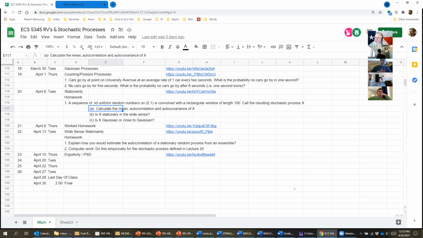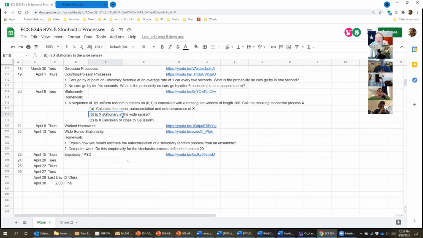And what did you identify the autocorrelation looking like? I thought you said a triangle or something. I just had for the stochastic process X when you do the convolution between. Oh, I see what you're saying. Okay. Yeah, it was like a triangle, and that's kind of approaching a Gaussian.